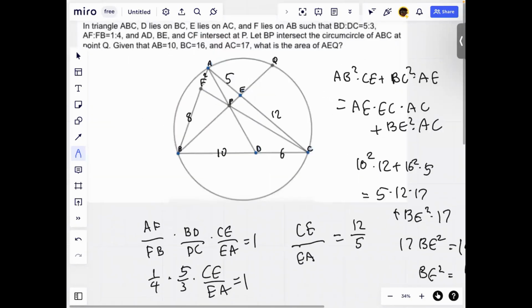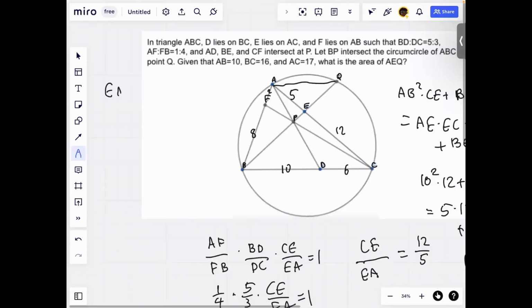So in order to find the area of AEQ, since AEB and AEQ share a common height, the ratio of their areas is just the ratio of their bases. First, we know the area of ABC, which you can find by Heron's formula.